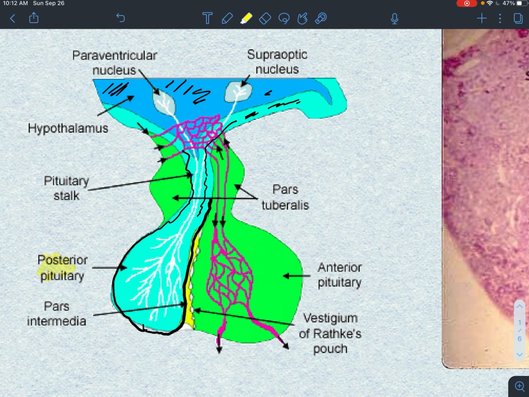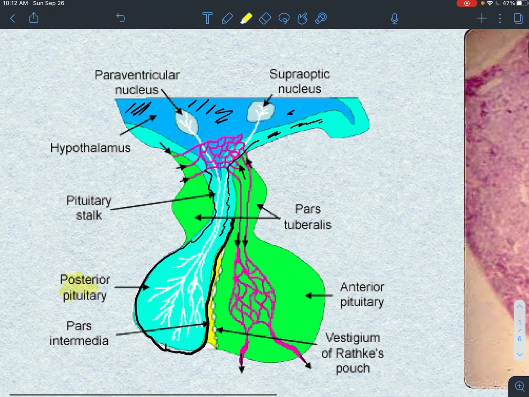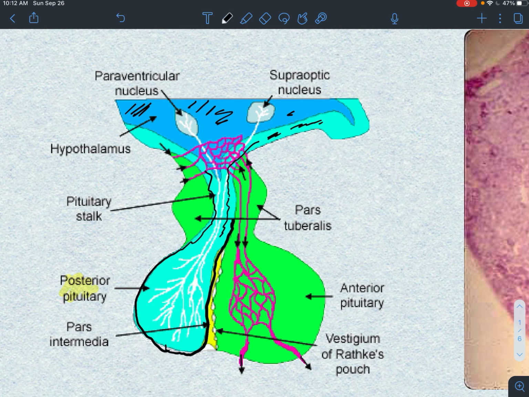In fact, the hormones that are being made by the hypothalamus, those 2 hormones being oxytocin and antidiuretic hormone, otherwise known as vasopressin, are being made up here in the hypothalamus, and then they're being shuttled through those axons downwards to then be secreted by the posterior pituitary gland.